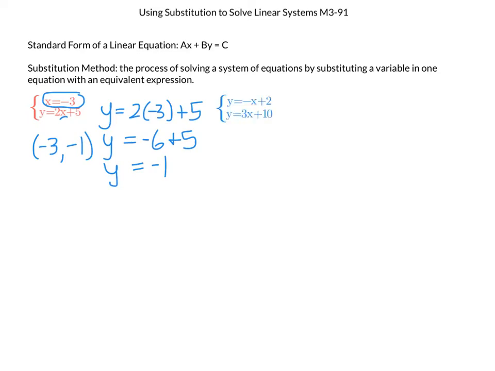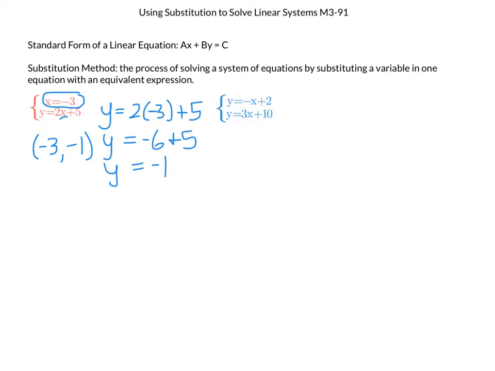So now we'll try one where it's stepped up a notch. Again, we could graph these and get an idea of where they're going to end up. I just want to jump right into it. Now, notice that we know what y equals in both situations. y equals -x plus 2 in the first equation. y equals 3x plus 10 in the second one.